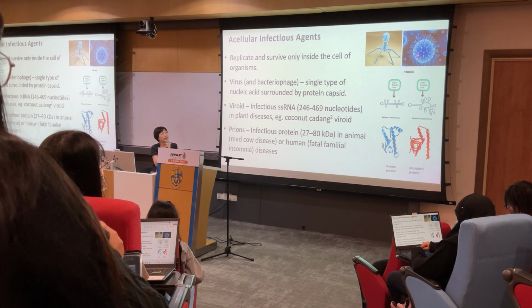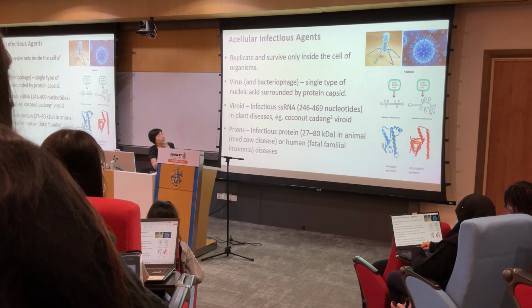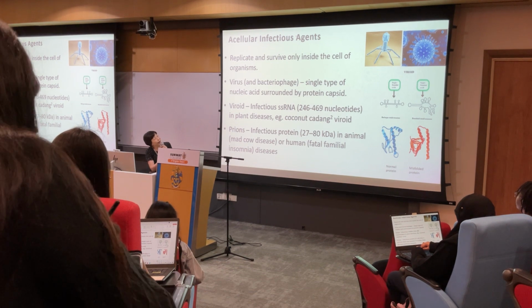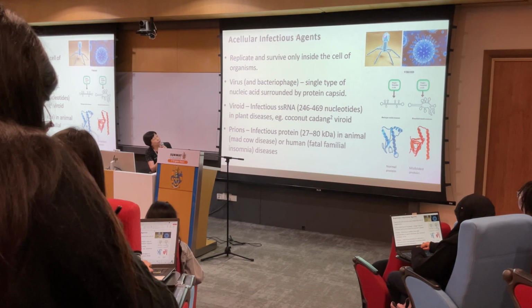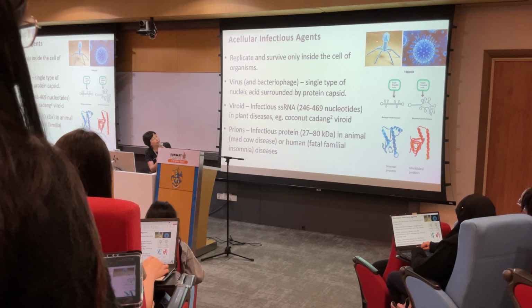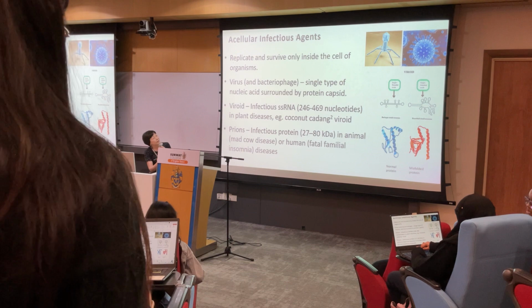This is a virus. They are quite different in structure. We will have one chapter covering that. They cannot survive outside the host, and they are very simple. They only have RNA or DNA, encapsulated by protein.